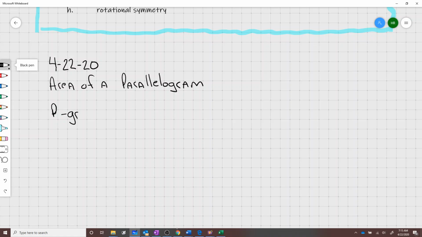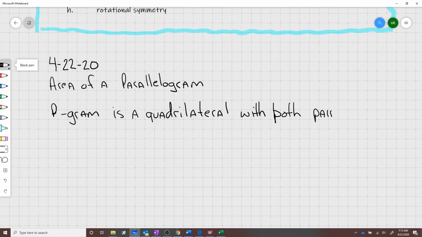So a p-gram is a quadrilateral, which means it's a polygon with four sides, with both pairs of sides parallel.